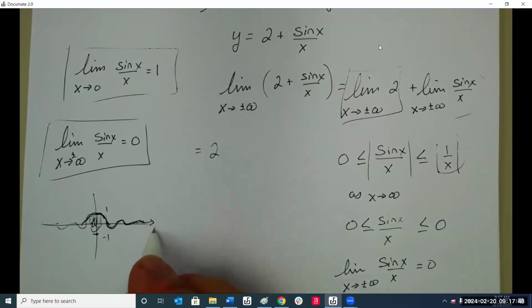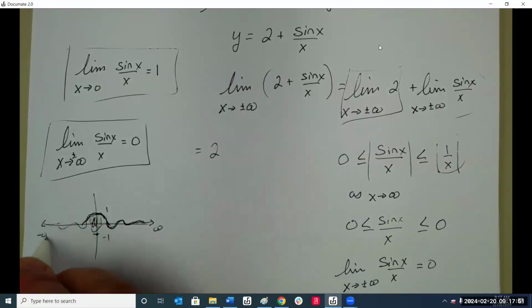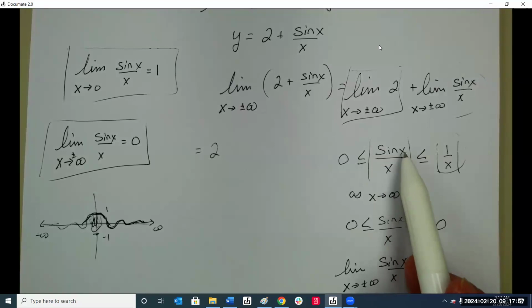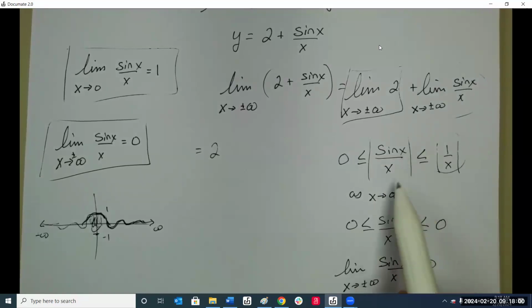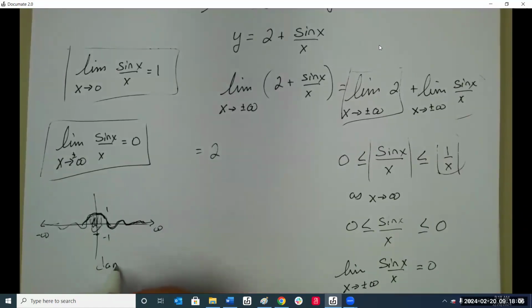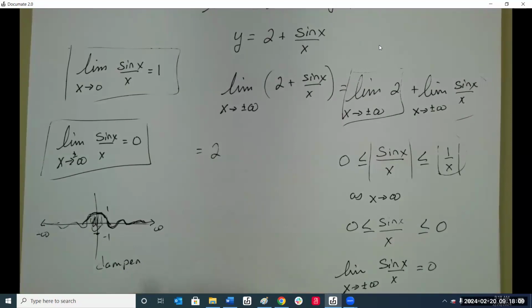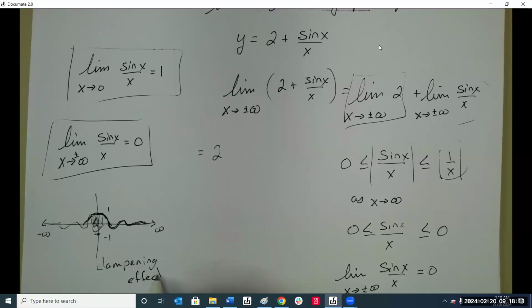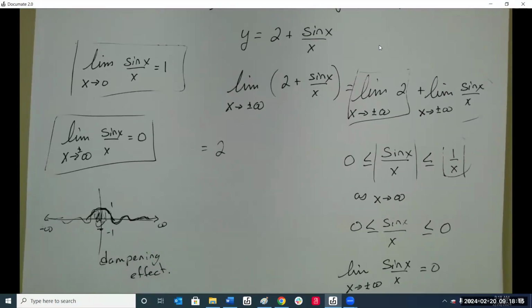So as it goes to positive infinity and negative infinity, it goes back down to 0. Because the bottom number, sine can only be between 1 and -1. The bottom number gets bigger, so it gets smaller and smaller. It's called a dampening effect. The oscillations get dampened.